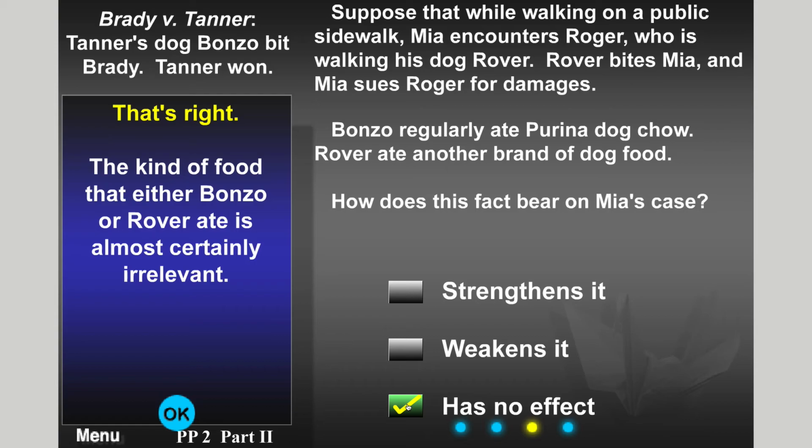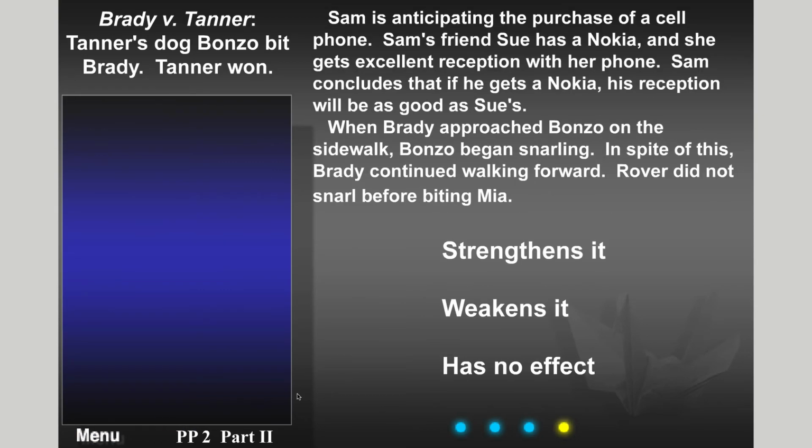Whatever kind of food that Bonzo or Rover ate, as long as it was dog food, let's keep it within the realm of the real, that it's not some horror movie where one of the dogs is being fed something that leads them to like human meat or something like that. As long as each is a brand of dog food, it has no effect, right? As far as we know, different types of dog food do not have that kind of effect.